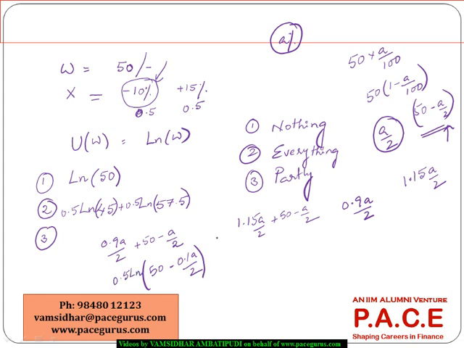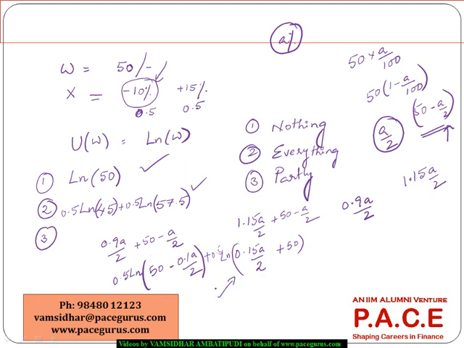So I'll take 0.5 log of this much as the utility, or it could be 0.15 A by 2 plus 50. I'll take the logarithm of this and take 0.5 times this. So in the first case, the utility is going to be this much. In the second case, the utility is going to be this much. And in the third case, the utility is going to be this much.